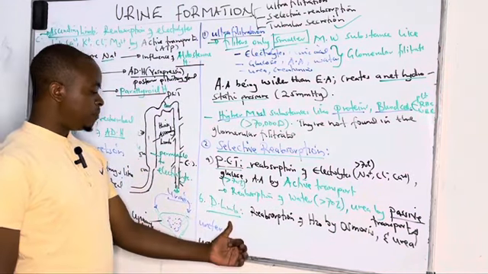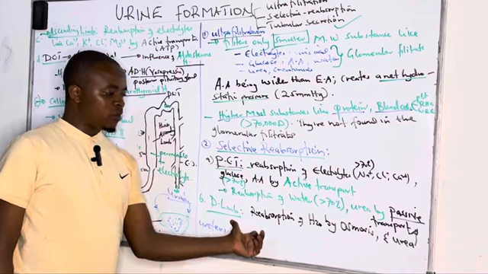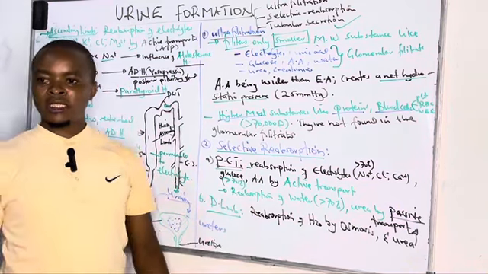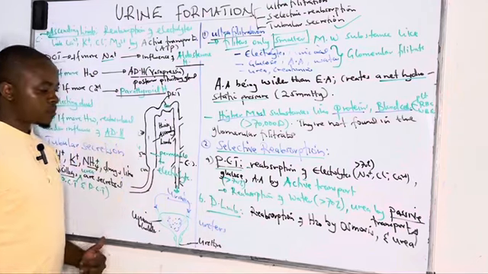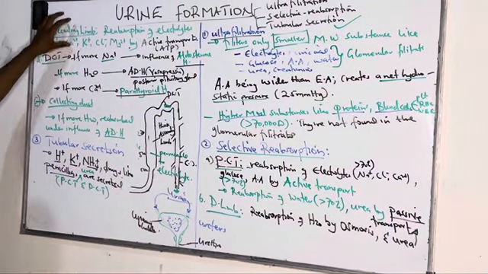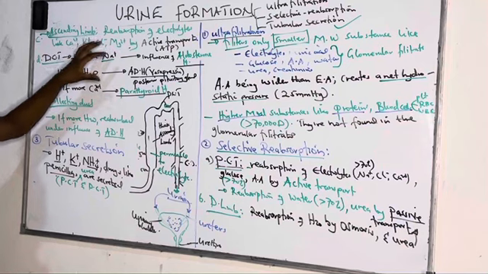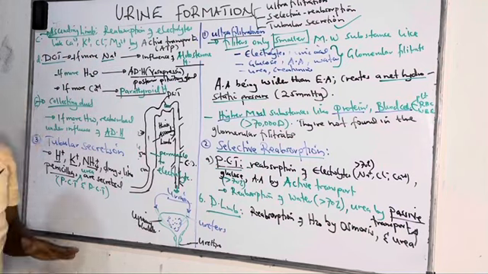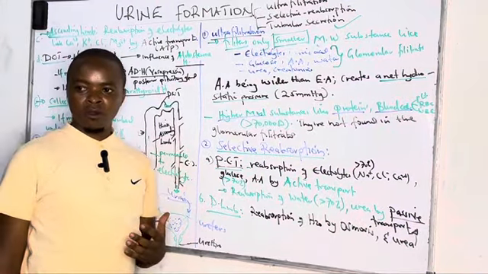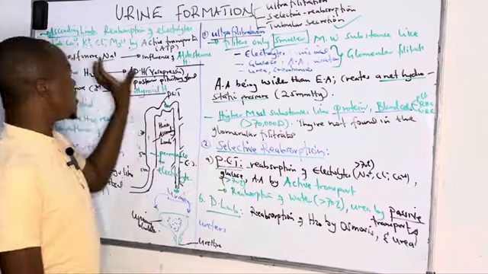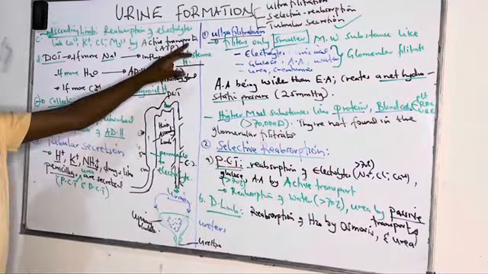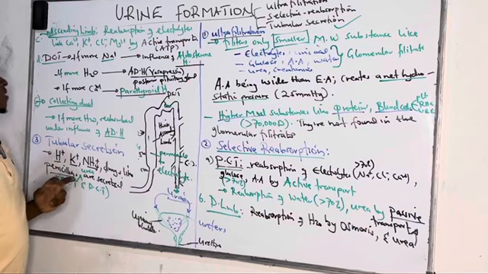In the descending limb there is major reabsorption of water because it is permeable to water. Then in the ascending limb, reabsorption is majorly of electrolytes, because it is permeable to electrolytes but impermeable to water, and it is by active transport.